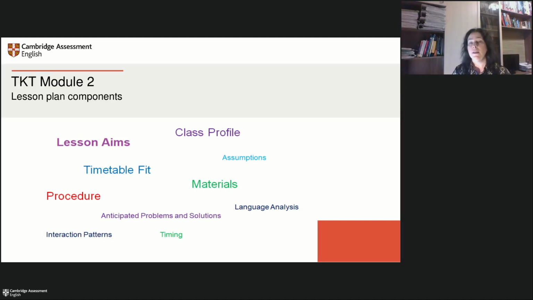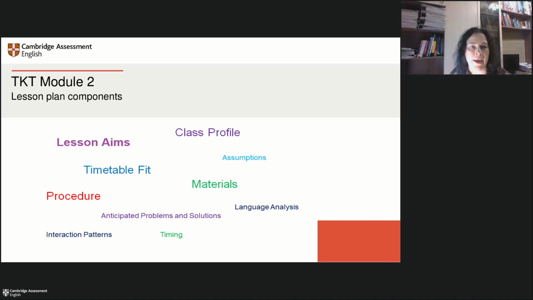It might be connected to timetable fit, but not necessarily, because a timetable fit is the information about how the lessons are connected: what happened at the beginning of the course, what you did earlier, and what you're going to do, how you'll be exploring this topic later on. It ensures a clear progression from lesson to lesson. It will help you achieve better results with that consistency. Thank you for the question.